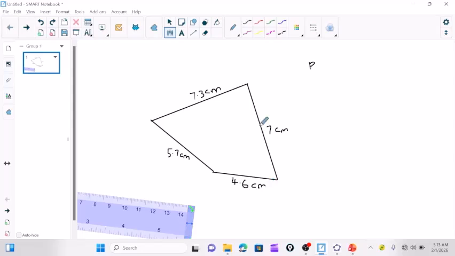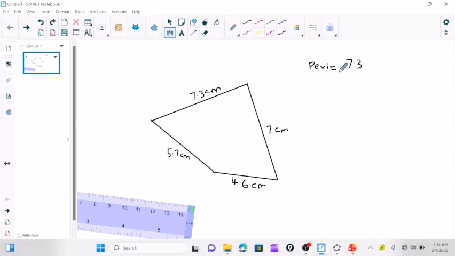Now, how do you calculate your perimeter? Now that I've used my ruler to measure my four-sided shape, perimeter will be what? Add all the lengths around it. Remember the demonstration of the tortoise. It went around the plane shape.